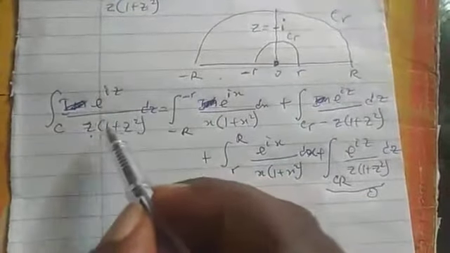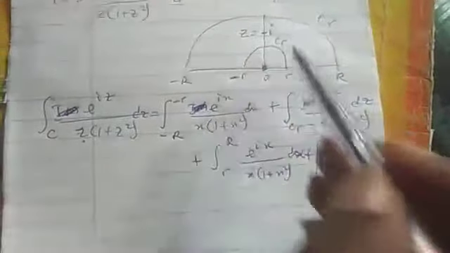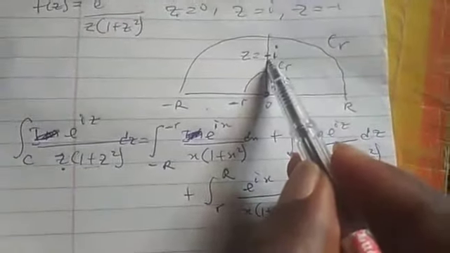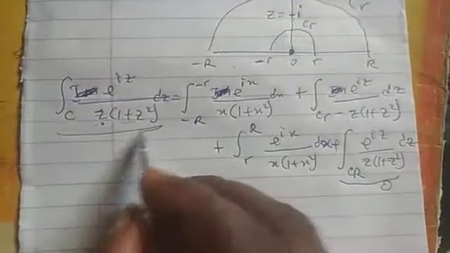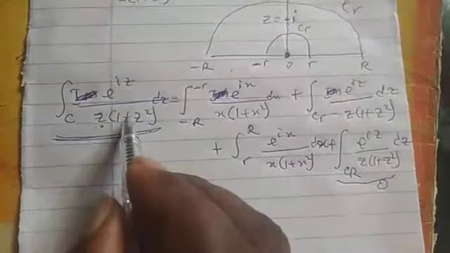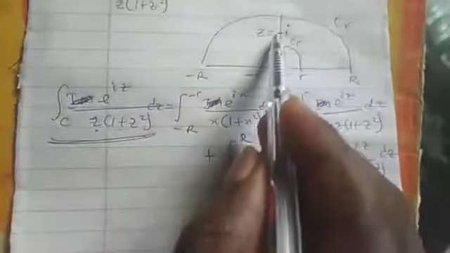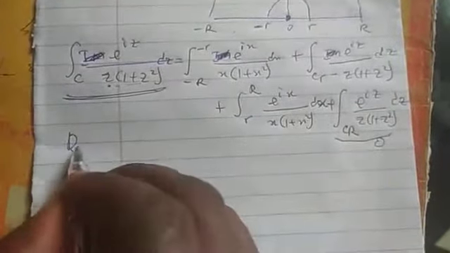But here now, even when we indented this circle here, we still have a singular point here, which is i. So in that case, if you integrate this, it will be 2 pi i times the residue at that point. This is the only singular point there. So I will need to find 2 residues now.